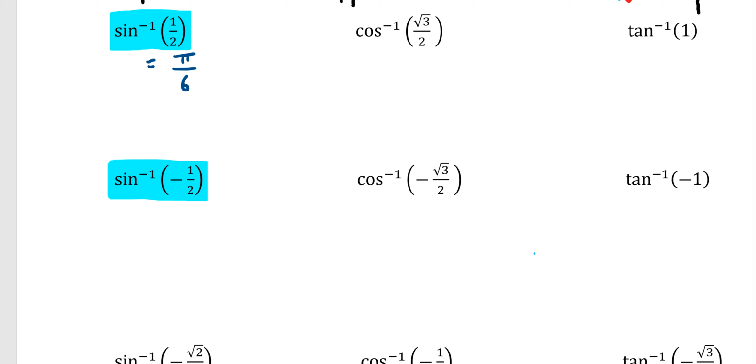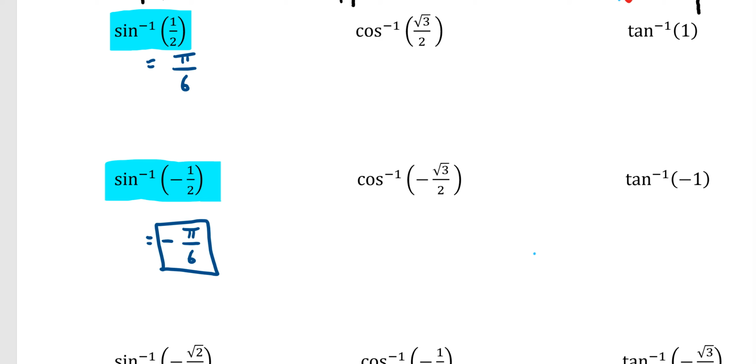The great thing is, as soon as you see a negative, what I like to do, if it's for sine inverse or tangent inverse, is ignore the negative. So first evaluate sine inverse of 1/2. We just said sine inverse of 1/2 was pi/6. And then since this is a negative input, we just negate the output, negate the answer, and then we're done.